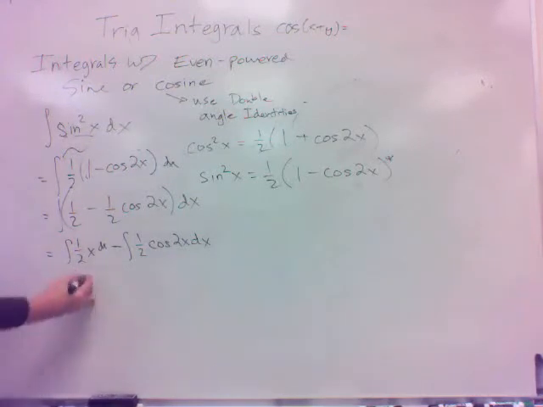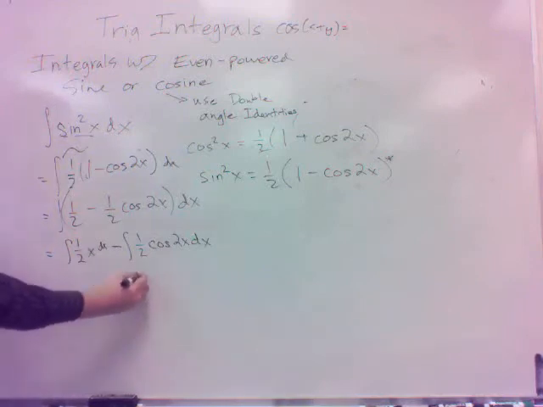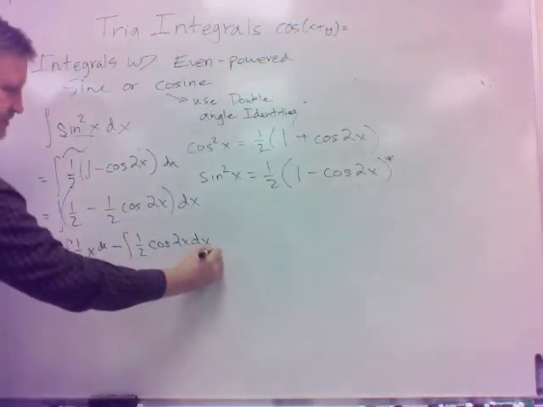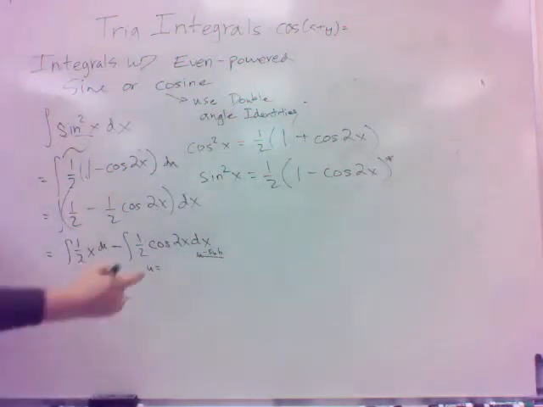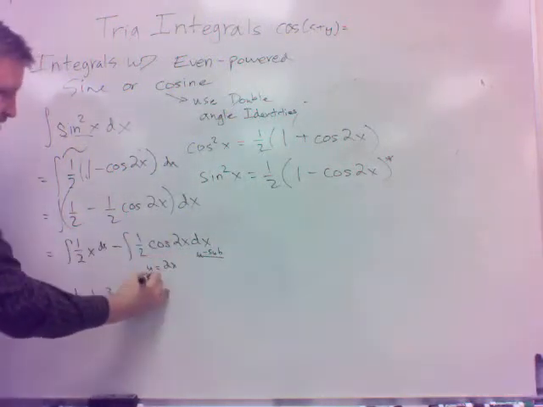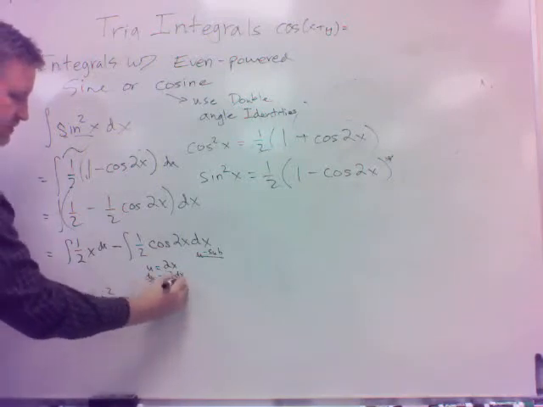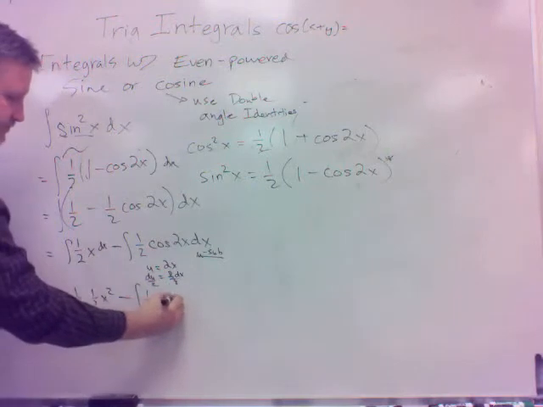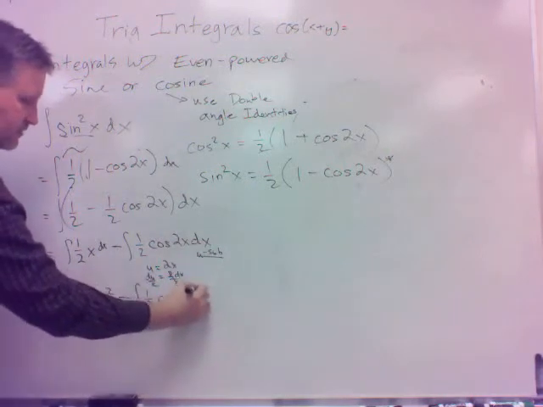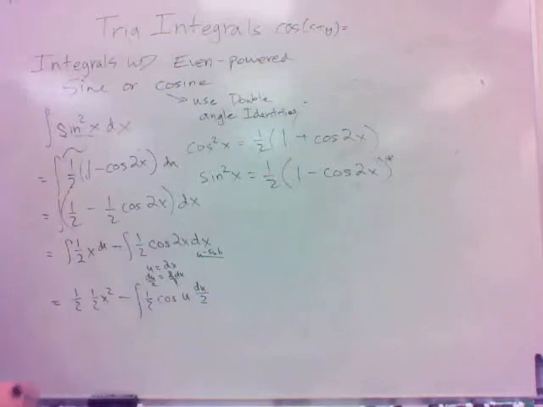This one's just the power rule. And then this, just use a little u substitution again. U being 2x, du is 2dx, and so du over 2 is my dx. So this will be the integral of 1/2 cosine of u du over 2. You wind up with another factor of 2 on the bottom.